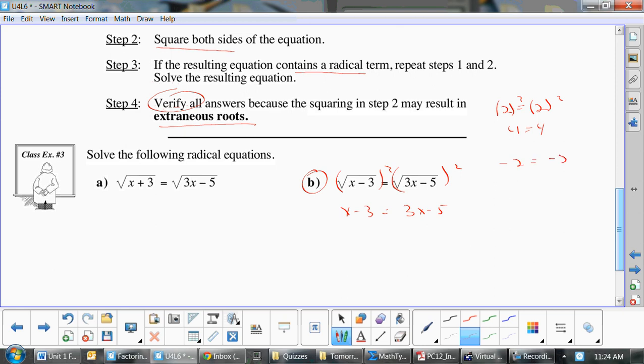Next one, does this equal this? Well, I'll square both sides because in algebra I'm allowed. So sometimes squaring makes things true, yet originally they were not.